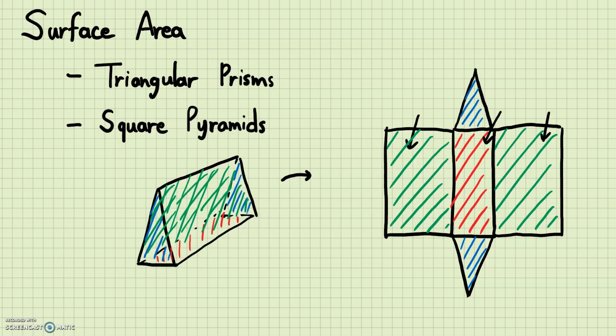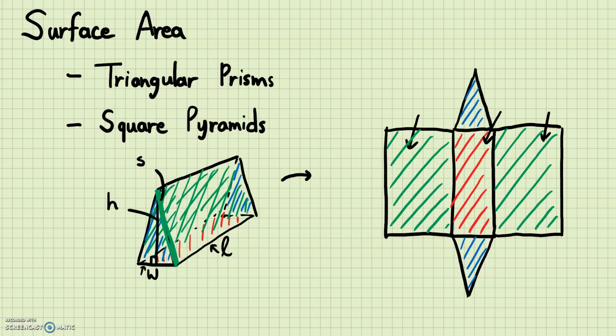Let's call this side W, this side L, and for the triangle we need to know the height. And for the green rectangle, we need to know this length here, the side length of the triangle. Let's say that length is S.